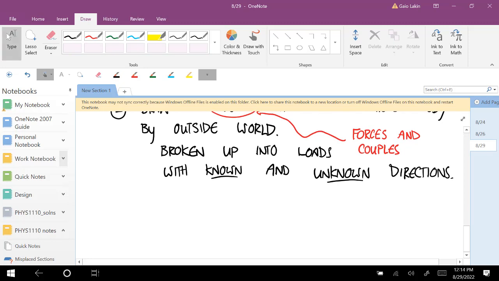First, 2A, if you know the direction of the load with particles, the loads are just forces. Oh, no, I guess I have it in the other order here. I'm going to do it the way I have it written. So loads with unknown directions.